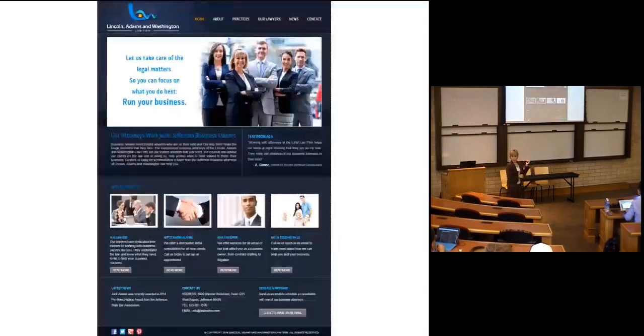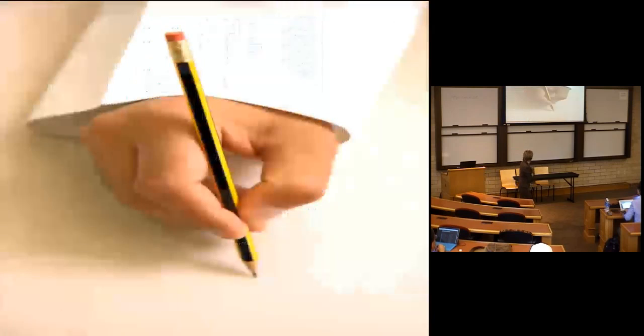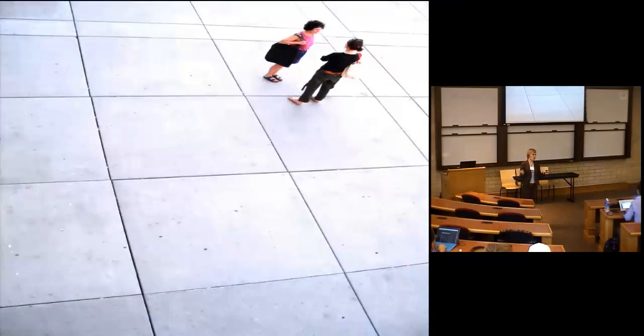And this is the homepage of the law firm as well. And so they're doing assignments such as writing client advice letters, office memos, emails, and a brief second semester. And they also do oral exercises such as mock client meetings, mock negotiations, and mock oral arguments, like the JD students.